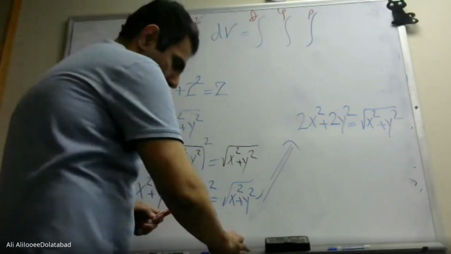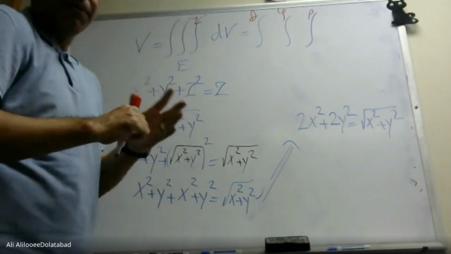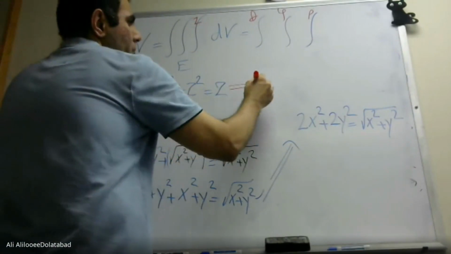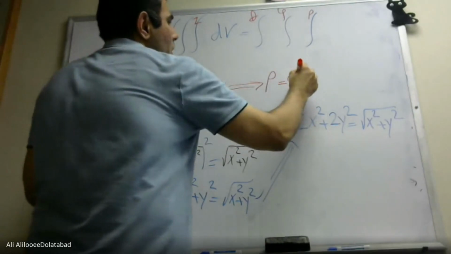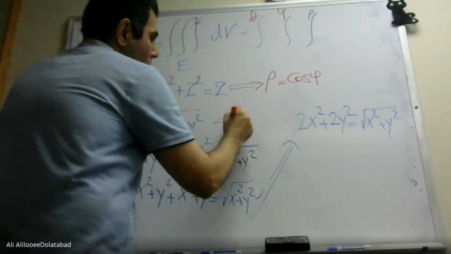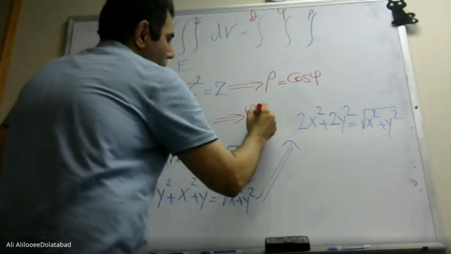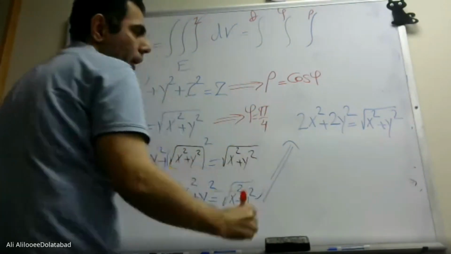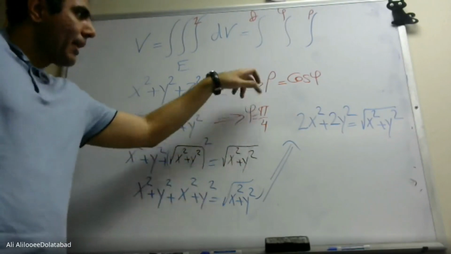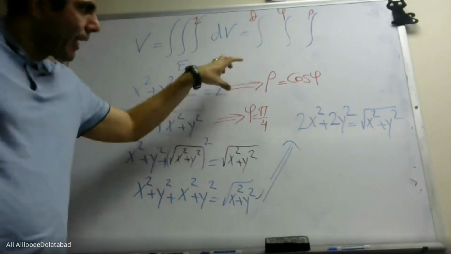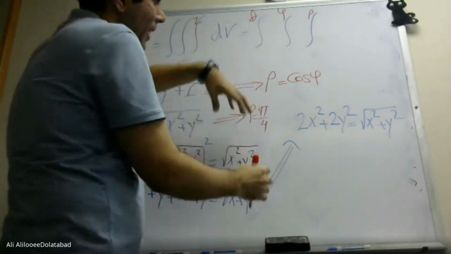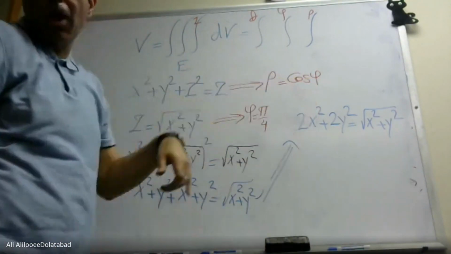But what about if we use spherical coordinates instead of Cartesian coordinates? For the sphere, you have rho equal to cos of phi. What about the cone? For this one, you have phi equal to pi over 4, right? Then when you want to find the intersection, you just need to plug in phi equal pi over 4.